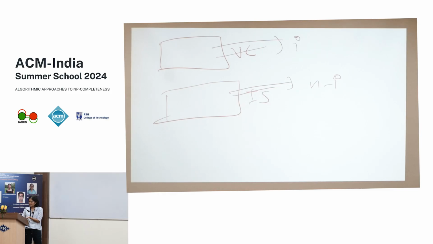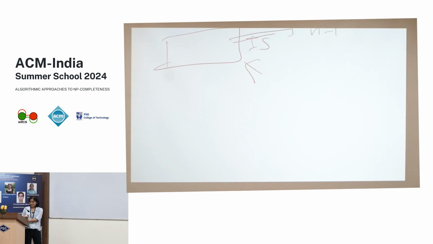So if I maximize this, this is minimized, and if vertex cover is minimized, independent set is maximized. This we all know, right? So now if I have an independent set which is at least some alpha n, then vertex cover can only be at most 1 minus alpha n, right?